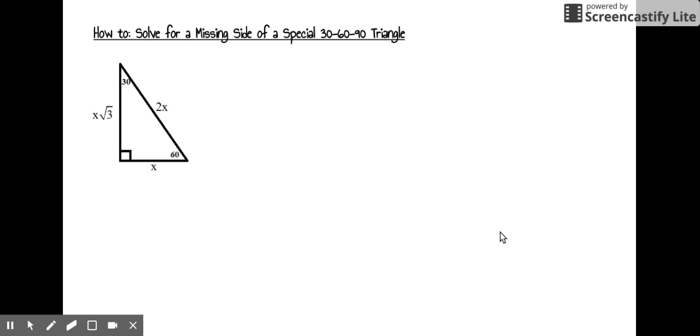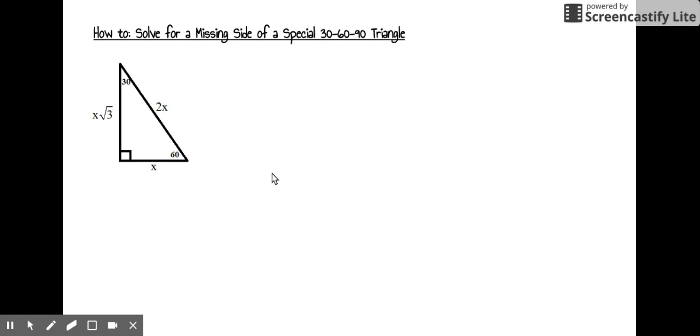Let's get started. This is what a 30-60-90 right triangle looks like. The shortest leg right here is x, and the longer leg is x radical 3, while the hypotenuse is 2x.